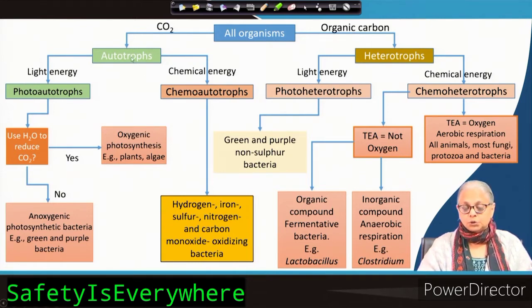Let's focus on the autotrophs. The autotrophs have two choices in terms of energy source. They can use light or they can use chemical energy. If they are using light, they are called photoautotrophs. If they are using chemical compounds, that is chemoautotrophs. For the photoautotrophs, we ask a question here: can water be used to reduce CO2 to organic compounds?